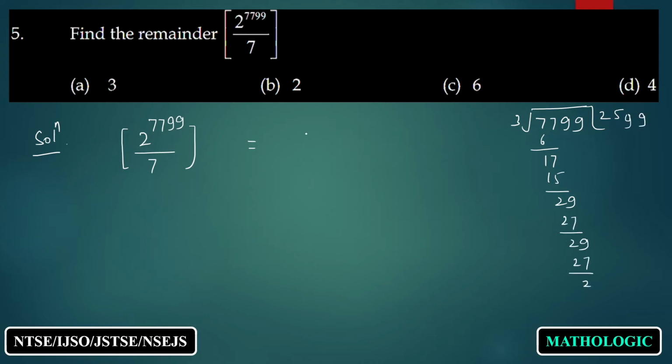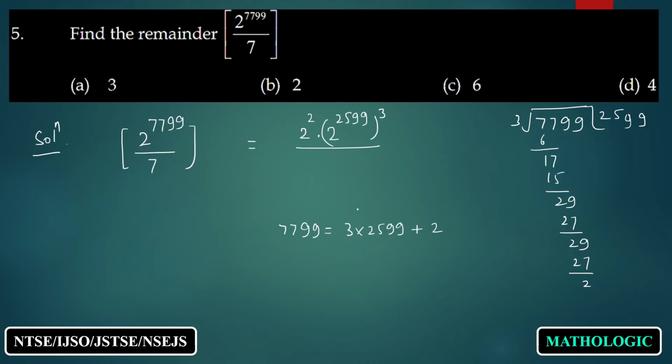So we can write this as 2 raised to the power 2 times 2 raised to the power 2599 and whole to the power 3, right? By using the division algorithm, we can write like this: 7799 is equal to 3 times 2599 plus 2, right?